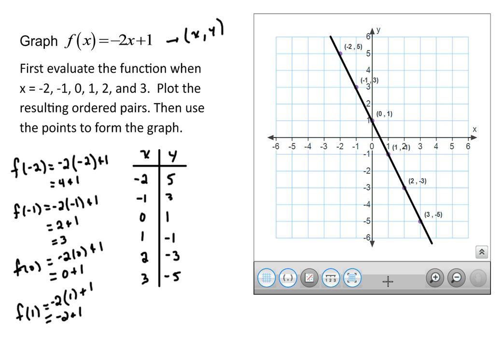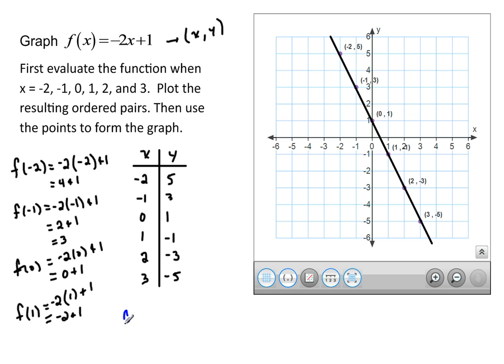Now, how are we saying it's a graph? Why isn't it just the points? Remember, we're only using the values -2, -1, 0, 1, 2, and 3 to get our x's. However, we actually mean to include all the values between those whole numbers. So for instance, if I wanted to get an estimate of what's going to happen at -1.5, if I found f of -1.5, if that were one of the values that I could use here in my expression, right?